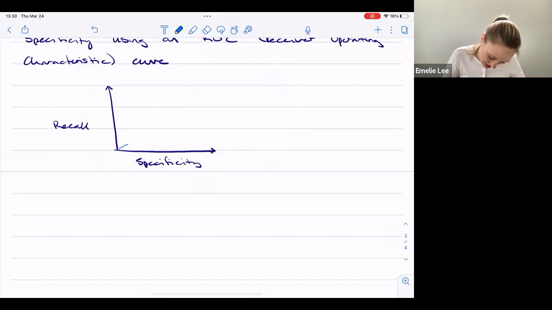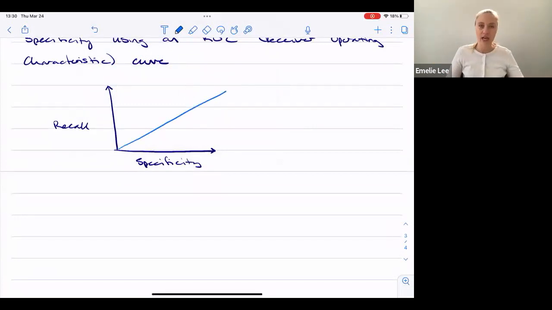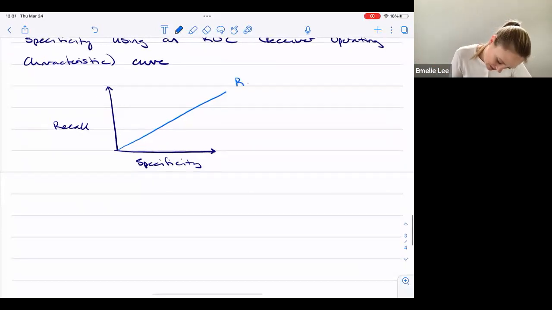As a guide, this diagonal line represents just random classification. You're a 0, you're a 1, you're a 0, you're a 1, just random classification. So this is the equivalent of a random chance classifier.